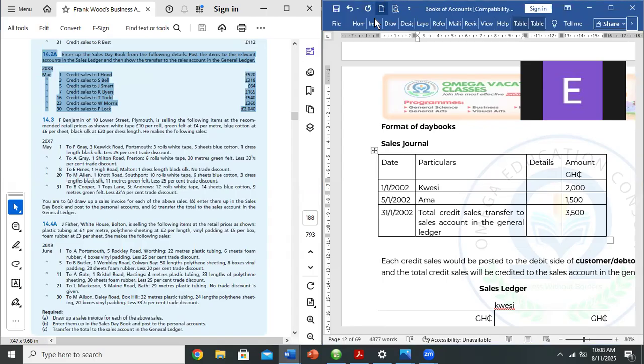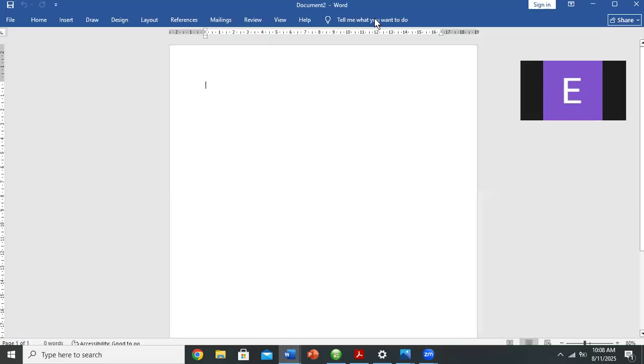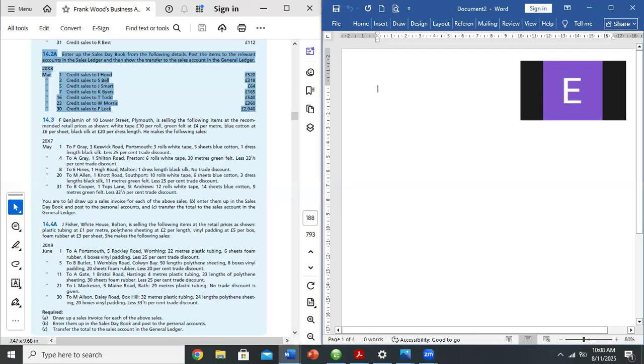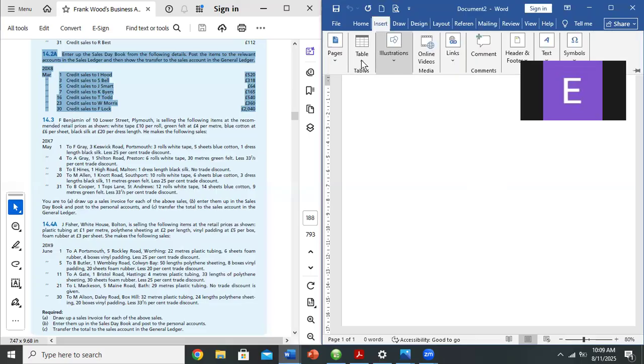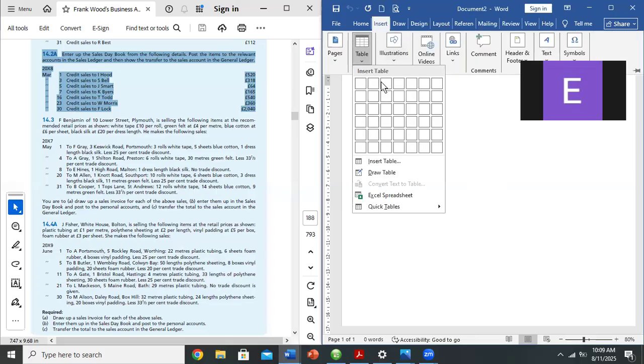Basically, this is how the questions come. They will ask you to prepare the daybook and post to the ledgers. I want us to appreciate how to prepare the daybook. Then we'll look at how you post into the ledgers. So the transactions occurred in the year 20x8. The month was March. Let me set up my daybook here on my right-hand side.